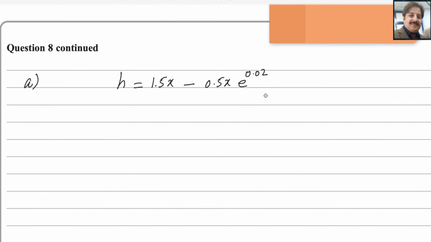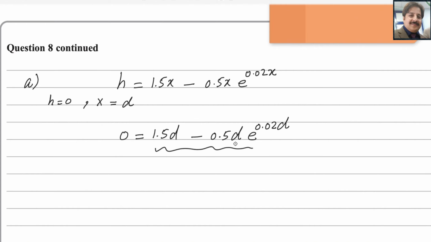When the ball first hits the ground, height h equals 0 and x, the distance traveled, equals d. By using these two values, you could find the value of d. 0 equals, replacing the values, 1.5d minus 0.5d e to the power 0.02d.